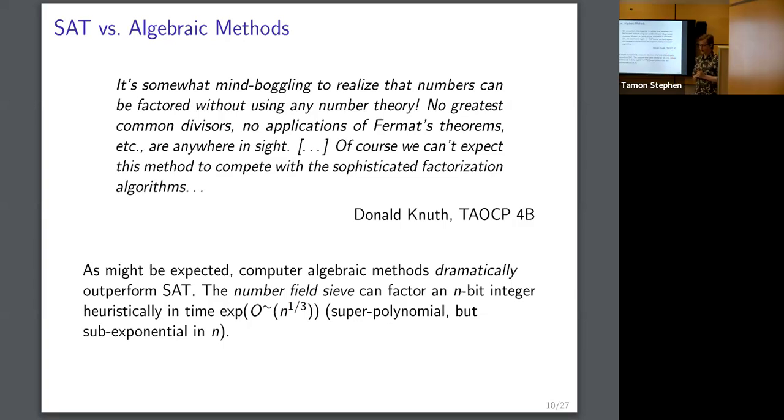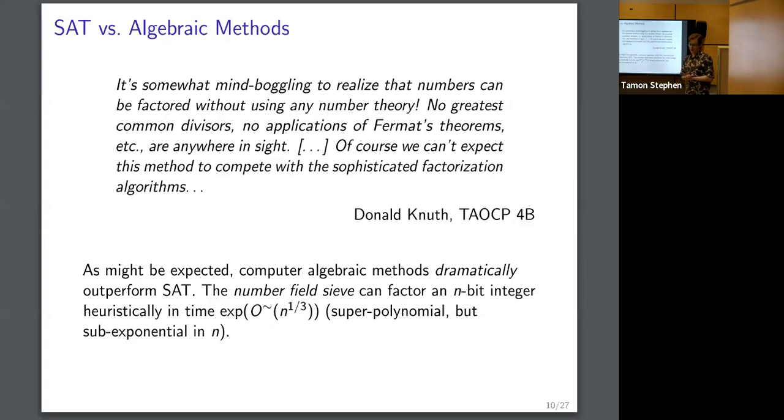So the best integer factorization algorithm today for arbitrary numbers is the number field sieve. And at least heuristically, the running time on an n-bit integer is going to be e to the, basically, the cube root of n. Okay, so this tilde just basically means we hide the log factors, but the bulk of the running time will be e to the cube root of n. So this is a running time which is worse than any polynomial because we have an exponent here.